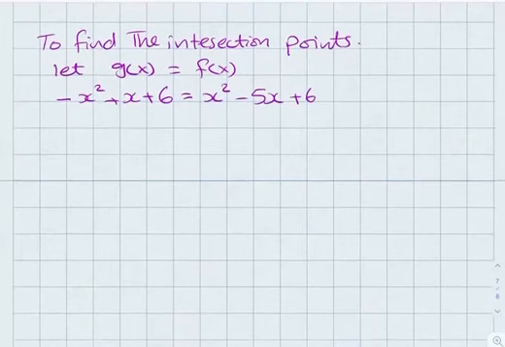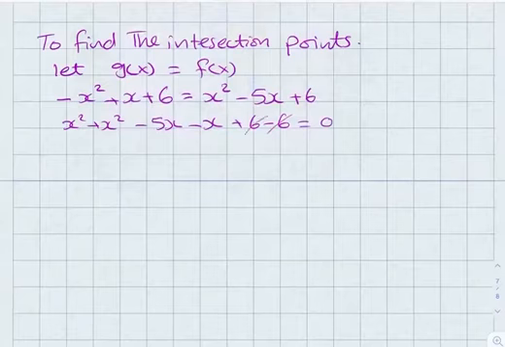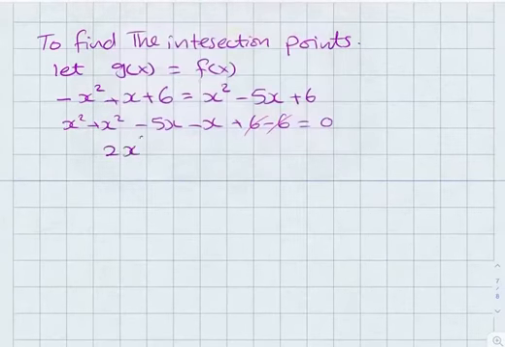When you rearrange them, it's x squared plus x squared, minus 5x and minus x, and 6 minus 6 equals 0. So these cancel each other, and we end up with 2x squared minus 6x equals 0.